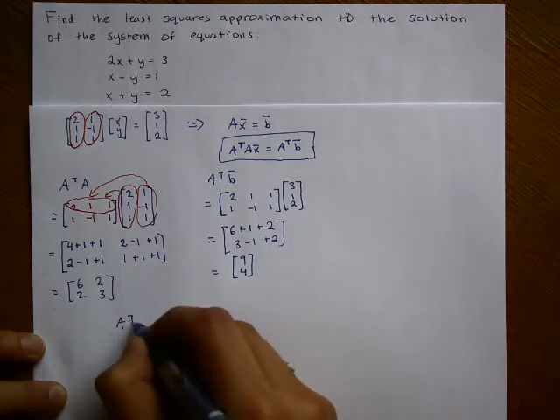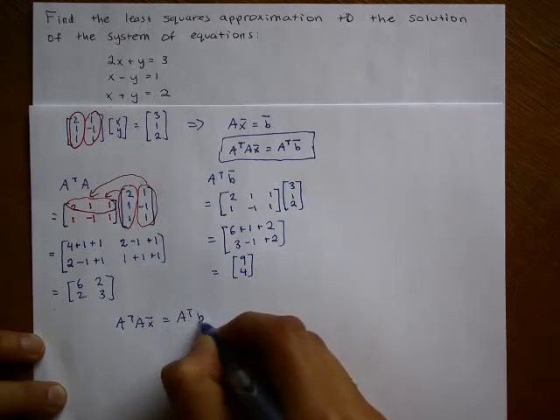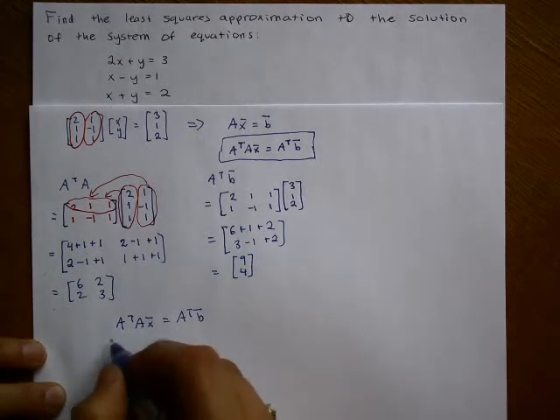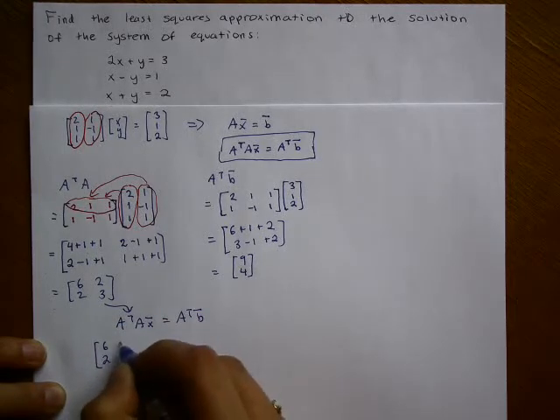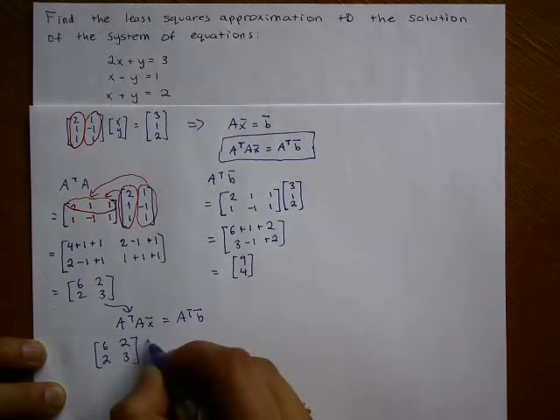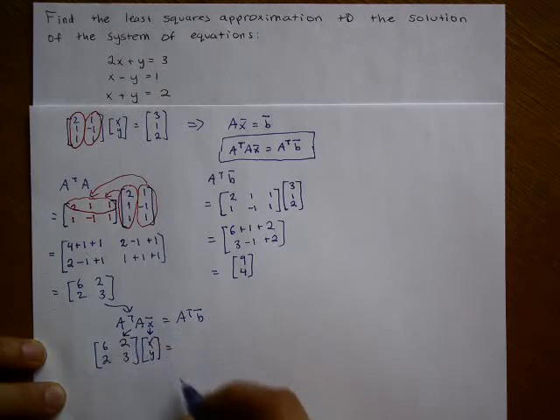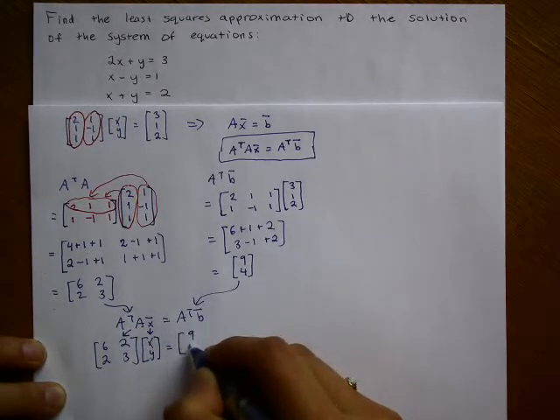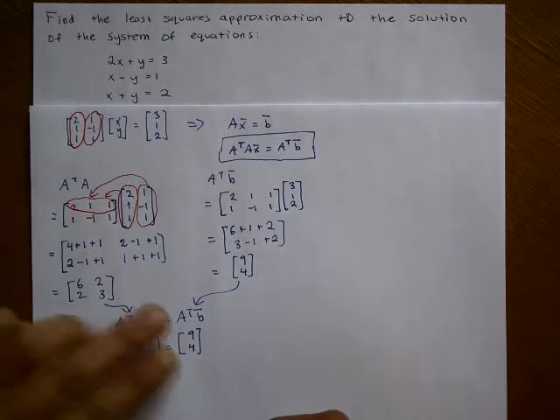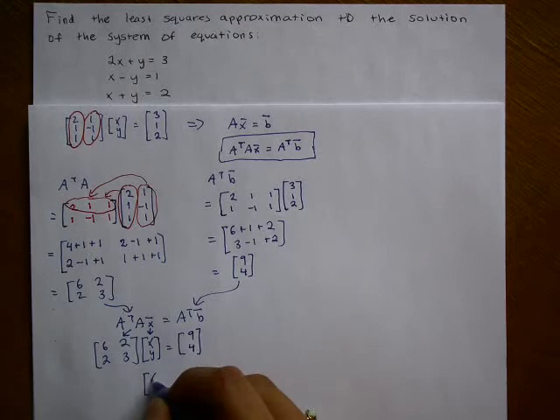So we have A transpose A by vector x is equal to A transpose vector B. And now this is our vector x. And now to solve this, we're going to move this matrix over to the other side by taking the inverse of that matrix.